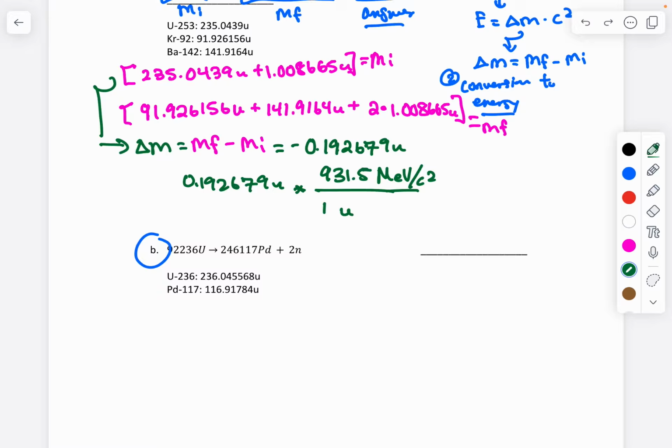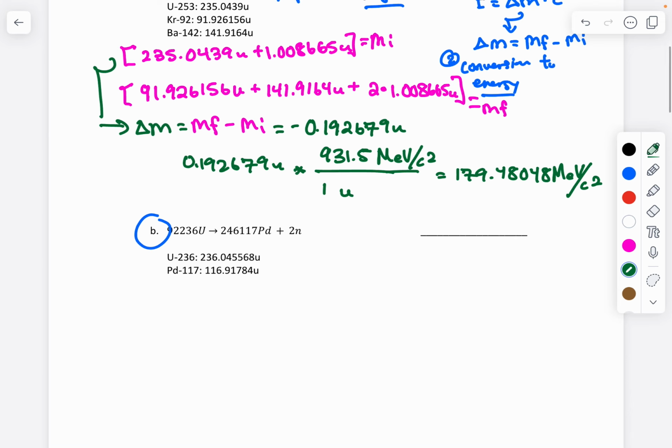I'm going to type this in the calculator: 0.192679 times 931.5. Okay, so I get 179.48048 mega electron volts per c squared.